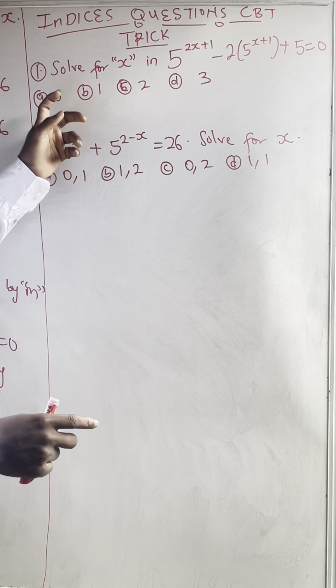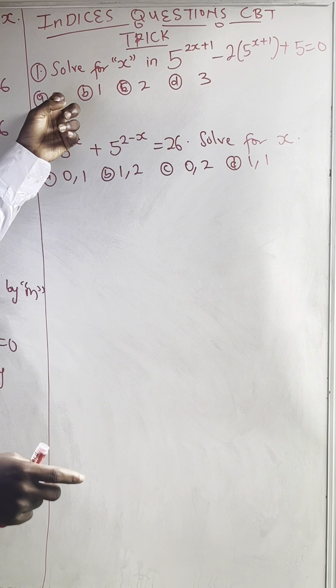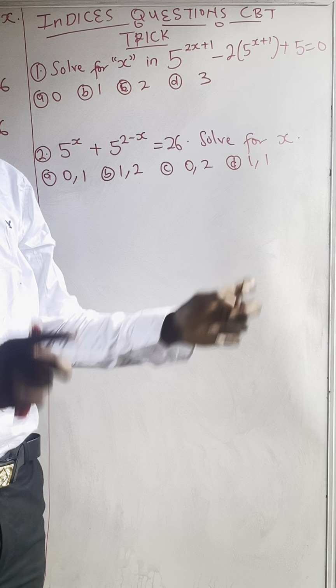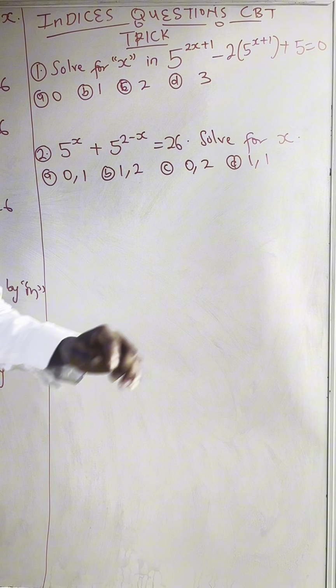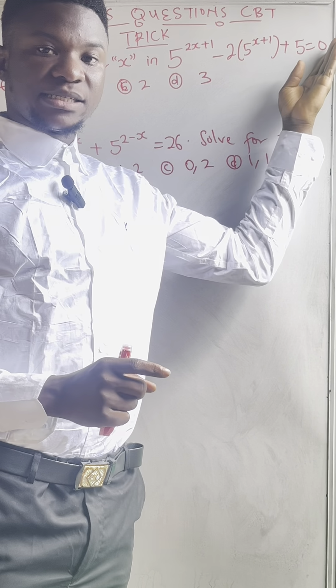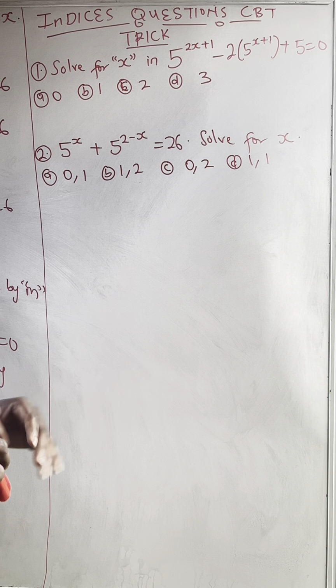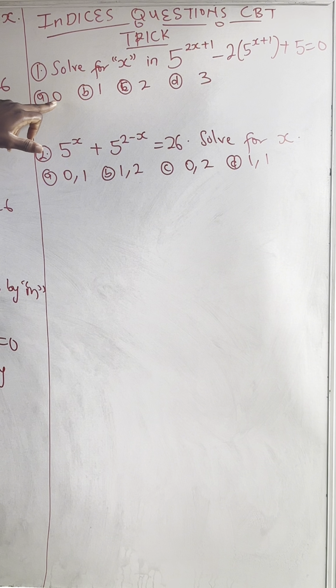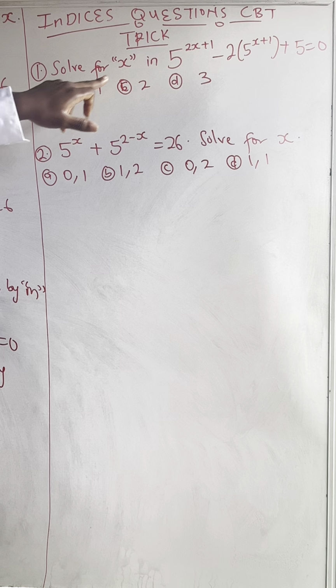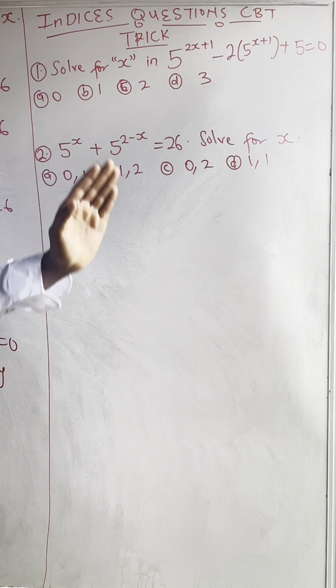But if after I substitute the value of x into this, I did not get the same value as it is on the right hand side, that simply means that the value I use for my x is what? Is wrong. So now let me test if this 0 will be the answer without solving the question.